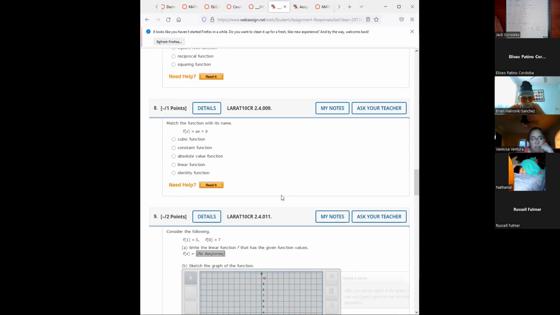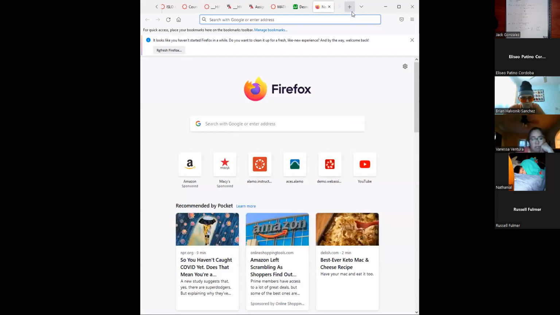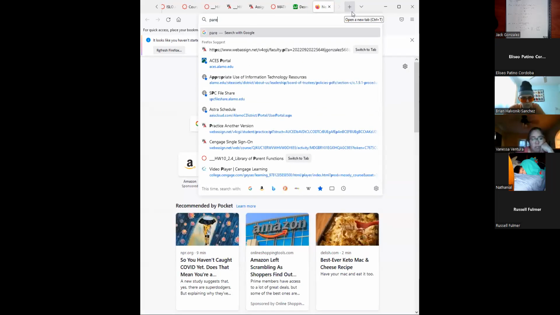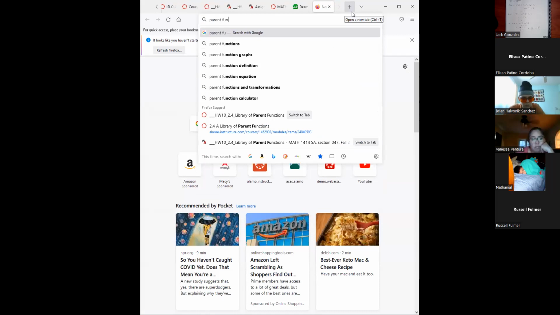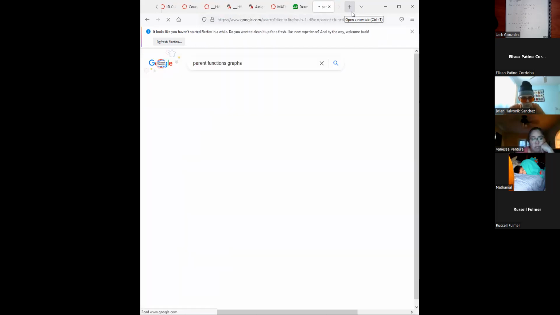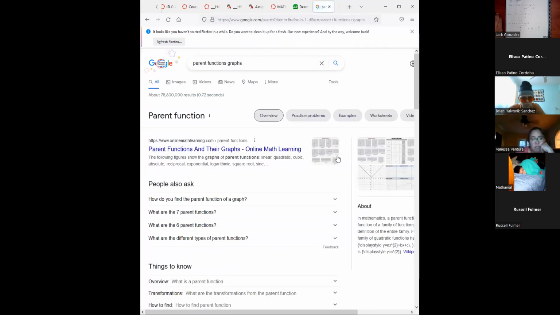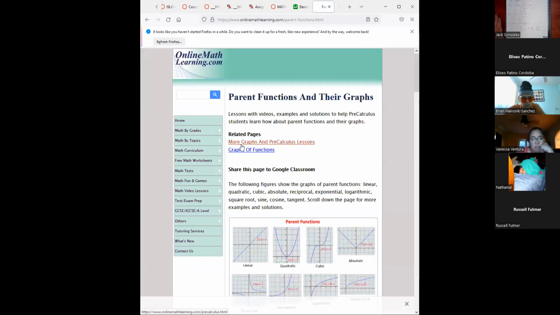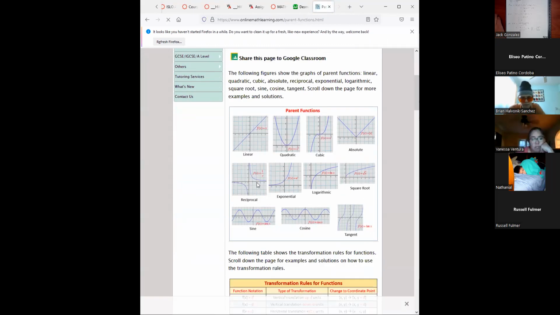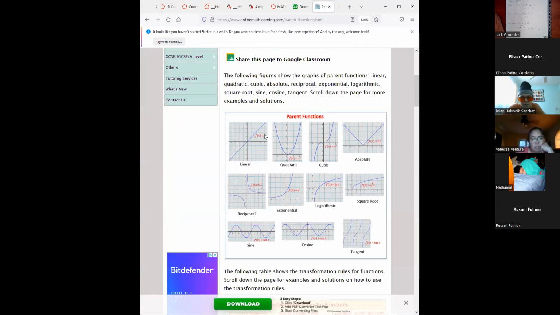Okay. I want to show you the parent functions. I'm going to send you something like this either tomorrow or later today. I'm going to find it in my files, but it looks something like this. So it says here the x function. Let me zoom in a bit.